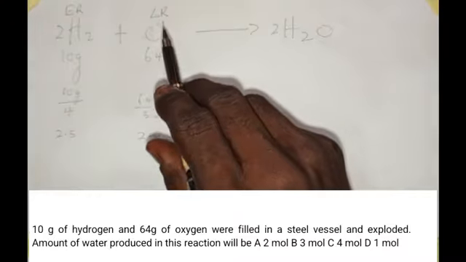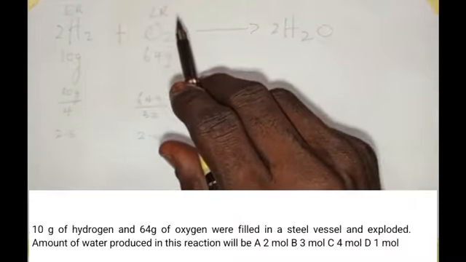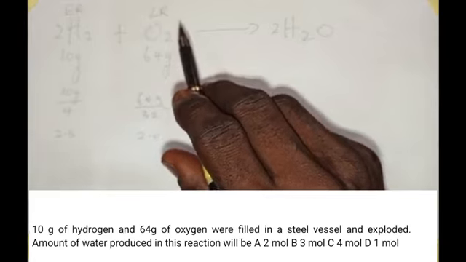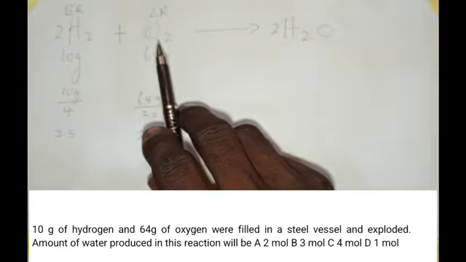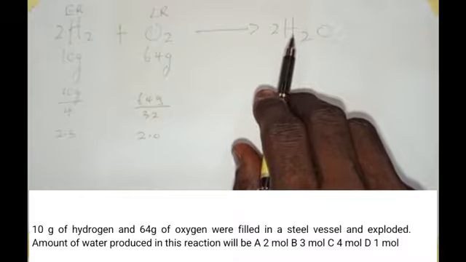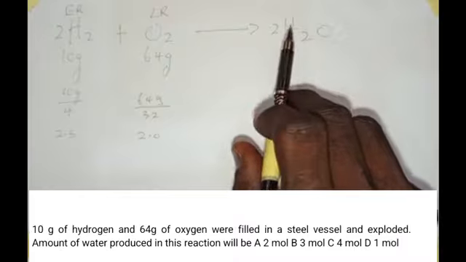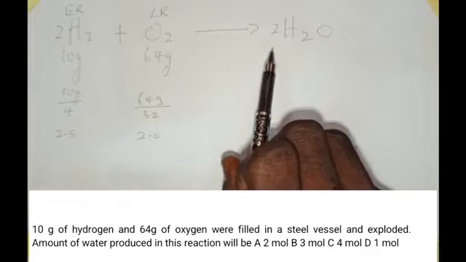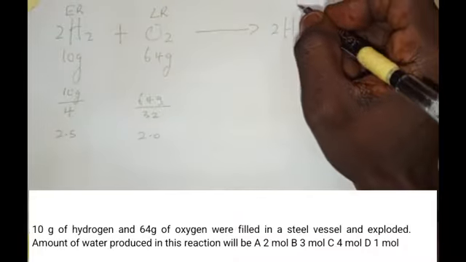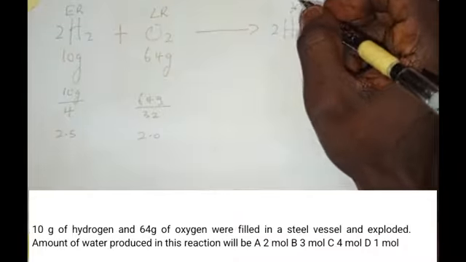Since oxygen is our limiting reagent, the question is asking us the amount of water produced in this reaction will be. So it is oxygen that will determine the amount of water that will be produced in this reaction. And let's work it out in grams. So I'm going to do a stoichiometry that connects the limiting reagent with this particular product here. Let's work it out.